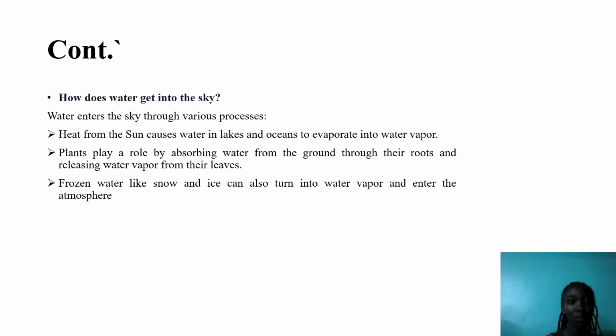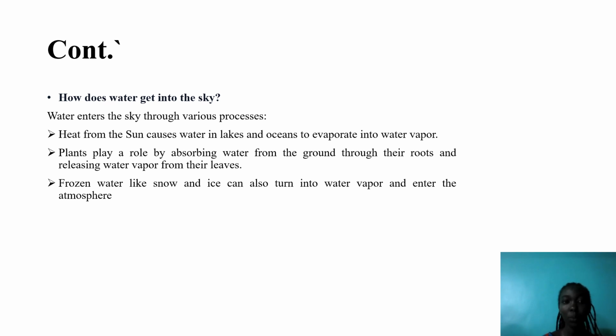I continue with another question: how does water get into the sky? And we answer this question. Water enters the sky through various processes. First, heat from the sun causes water in the lakes and oceans to evaporate into water vapor.